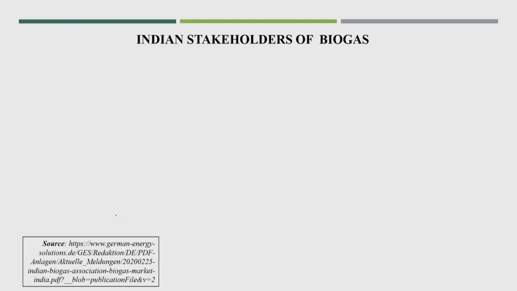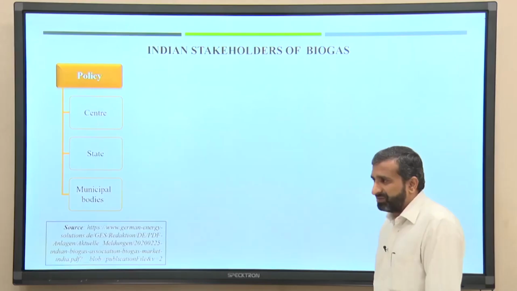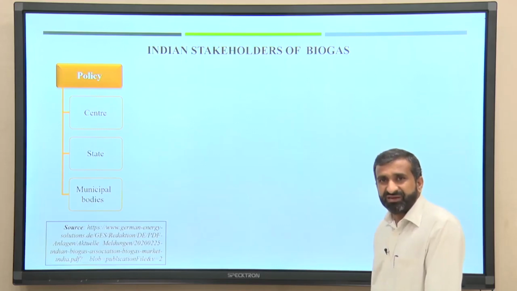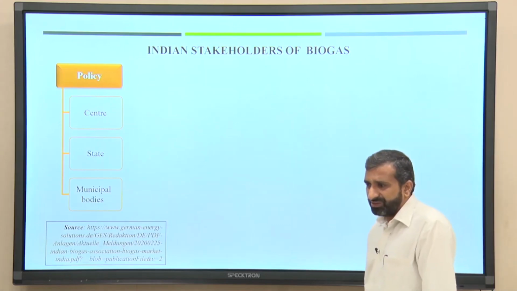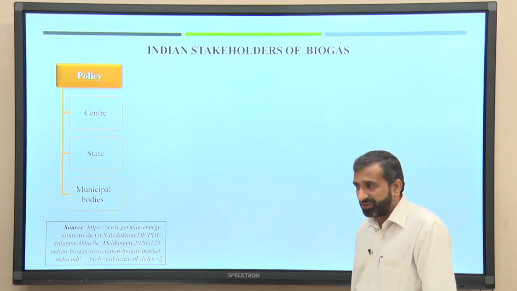Now, who are the Indian stakeholders for biogas? Whatever policy has been made by the center, especially MNRE, the Ministry of Renewable Energy, and even some more ministries also come up with different policies, like the Ministry of Science and Technology.